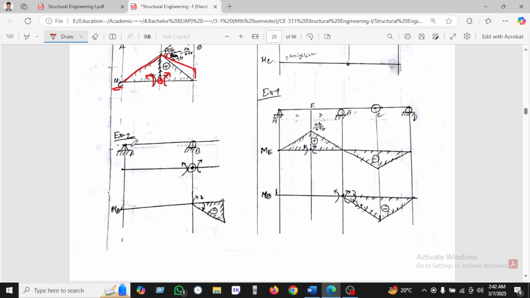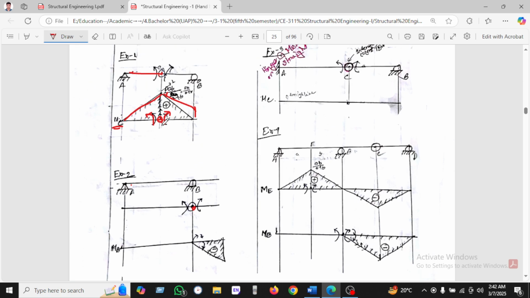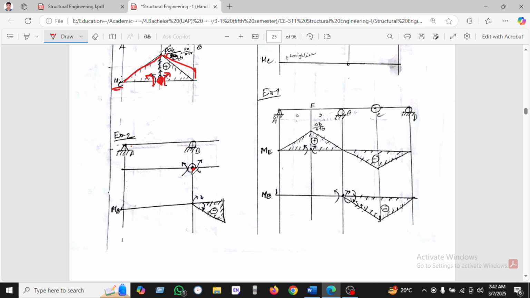You can see here another one, C. So we are taking here this exceptional case, but we are not inserting. This internal hinge is inserted at the midpoint. When inserting a hinge at the point of support, it will not go upward.